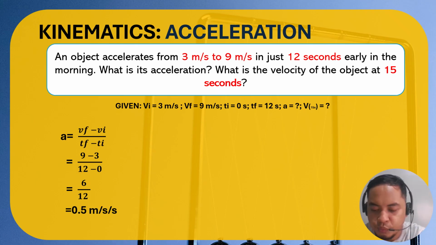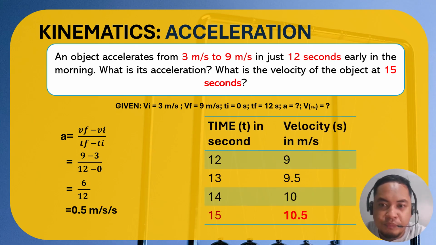So at 12 seconds, our velocity will be 9, right? 9. And then our target is at 15. So 9 plus 0.5, 9.5 plus 0.5, 10. And then at 15, the velocity is 10 meters per second.